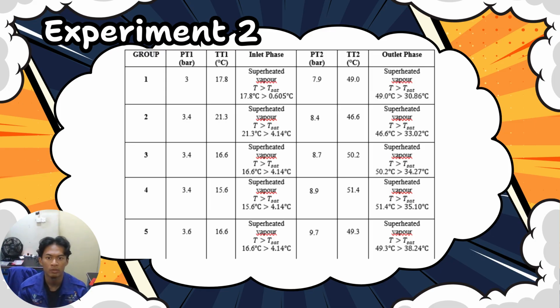It is also superheated vapor because the temperature is greater than T saturated. Then the outlet is also superheated vapor, where the temperature is also greater than T saturated. And we can see from group 1 to group 5 that the inlet and outlet phases are all superheated vapor because their temperature is greater than T saturated.